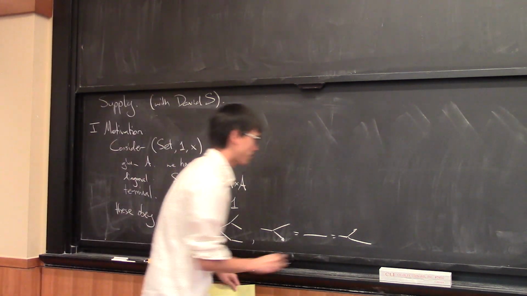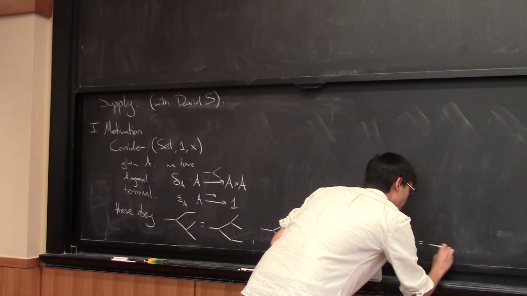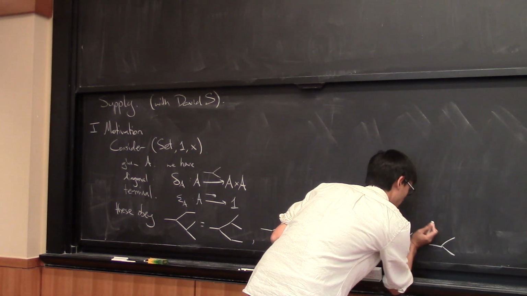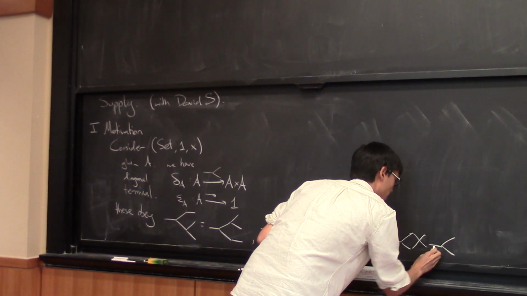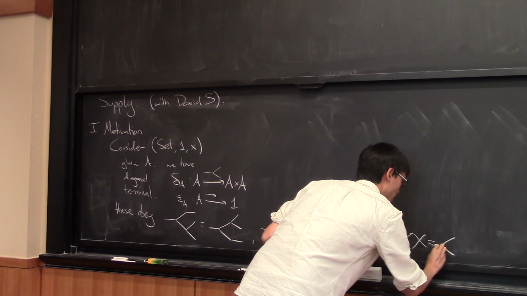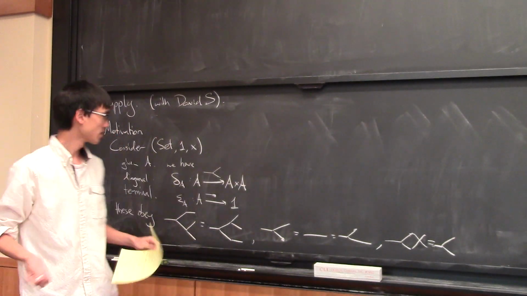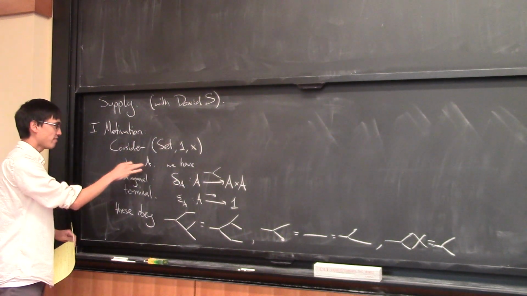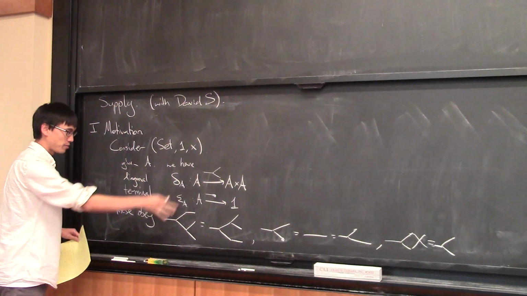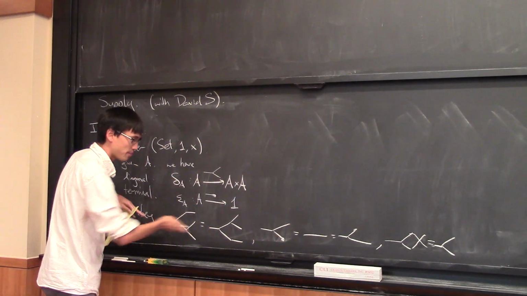And there's also the fact that if I copy something and then I switch those copies around, well, it's the same as just copying it and not switching around, because those two things were the same. So we have this category, and every object in this category is equipped with these structures obeying these equations.